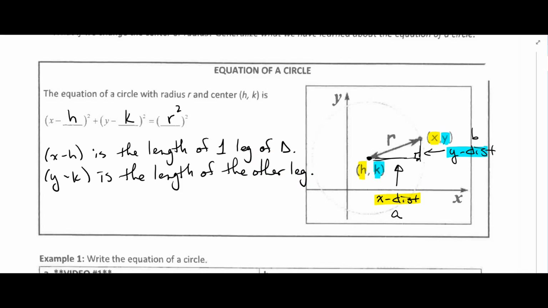So this is our formula for the equation of a circle. Remember, it really just comes from the Pythagorean theorem. A squared plus b squared is equal to c squared, where x minus h is just the length of that leg and y minus k is the length of that leg.